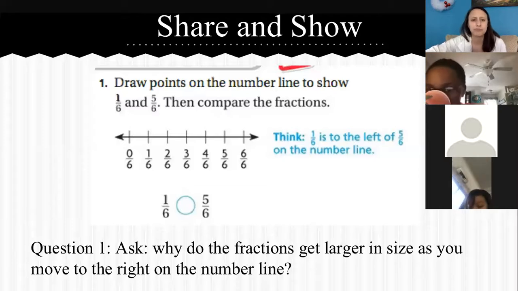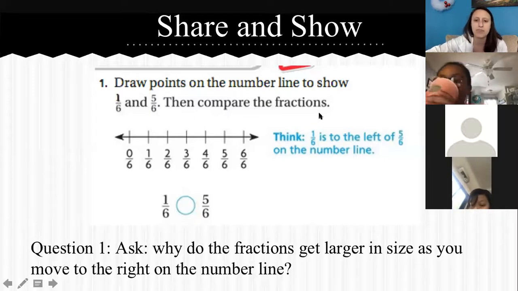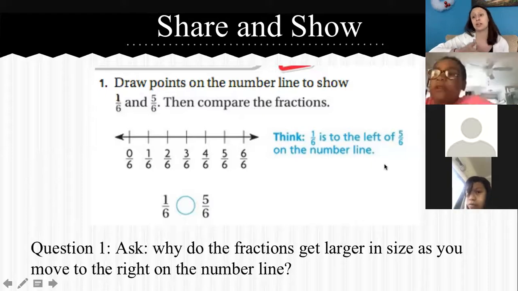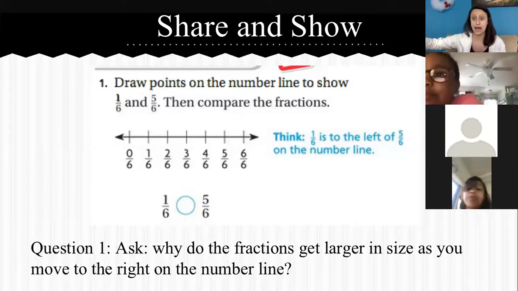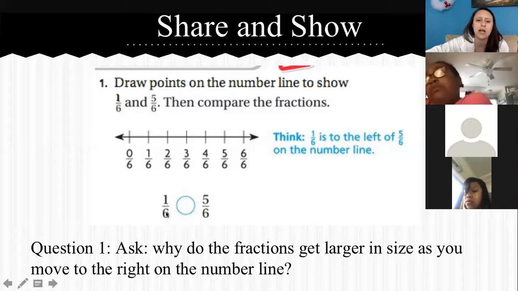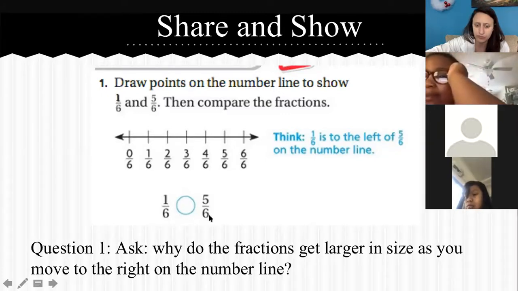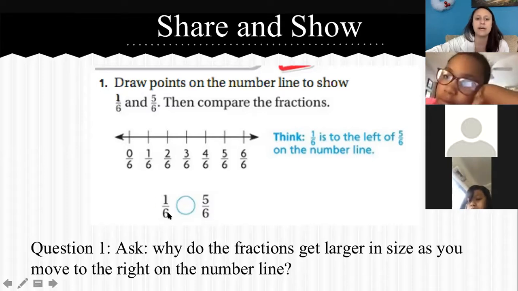So, share and show. It says draw points on the number line to show 1/6 and 5/6 when comparing the fractions. Okay. So think 1/6 is to the left of 5/6 because when you're counting 1, 2, 3, 4, 5, 1 comes before 5. So do you see how our denominators are the same here? Yes. Okay. So 1/6, I am just going to write on this directly.